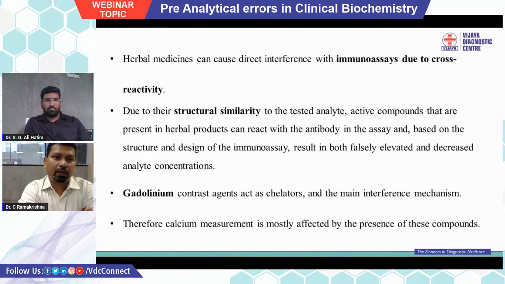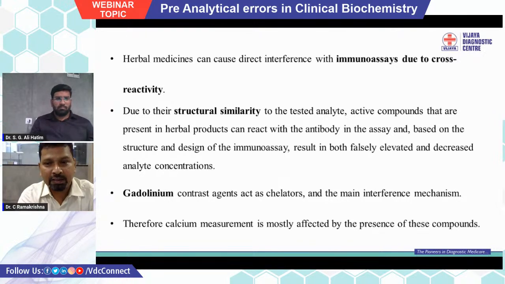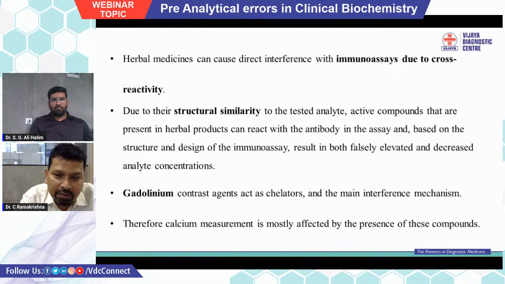Then we have the herbal medicines, which cause direct interference with immunoassays due to cross reactivity. Due to their structural similarity, the tested analyte reacts with the antibody in the assay, and based on the structure and design of the immunoassay, results in both falsely elevated and decreased analyte concentrations.